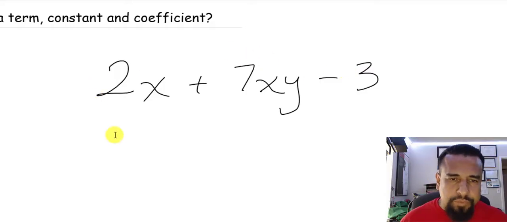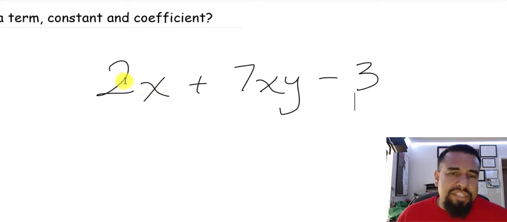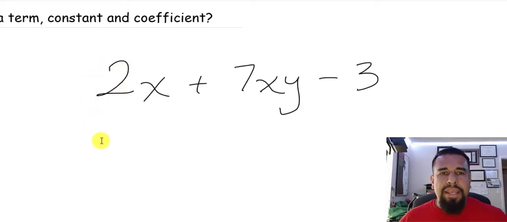For example, if I plug in a value for x, it's gonna change that too, depending on what my value is. So let's say I plug in a value of 3 for x. Well, that coefficient is gonna change to a 6 because 2 times 3 equals 6.